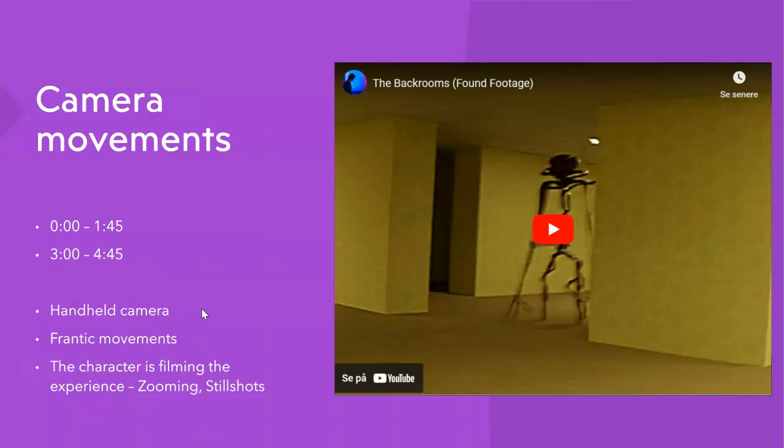This makes it seem more real, helping build more suspense and using more horror elements. The way the character films is mainly using zooming and a lot of still shots.